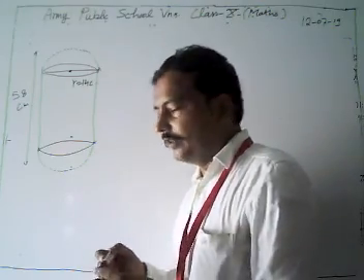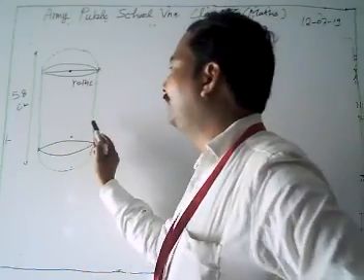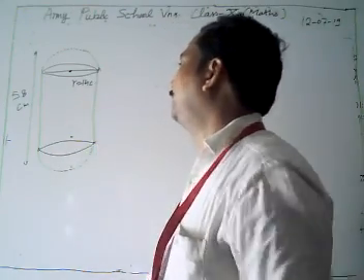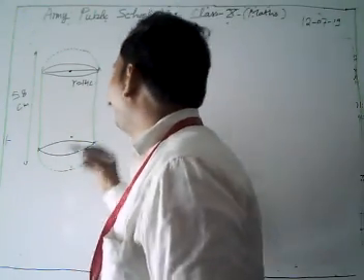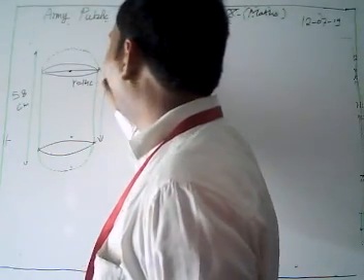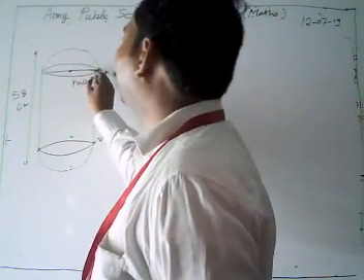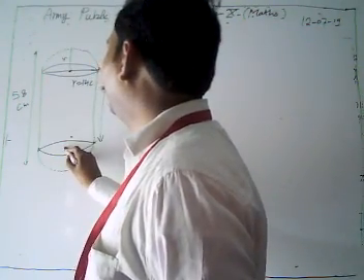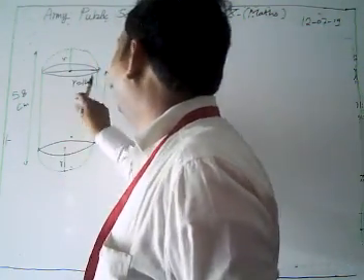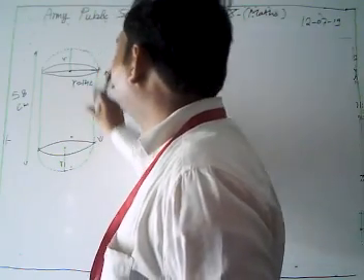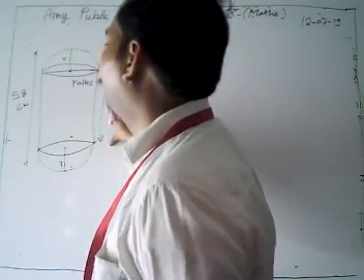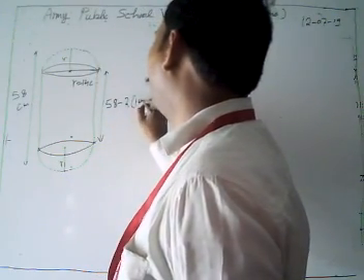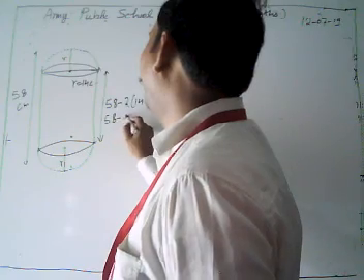Now look here. In the given solid, we have a cylinder, and its two ends are joined with hemispherical ends. The total height is 58, and we have to find the height of this cylinder. How can we find it? From here to here is the radius r, and from here to here is also the radius r, and it's 14 each. So the height of the cylinder is 58 minus 2 into 14, which is 58 minus 28.